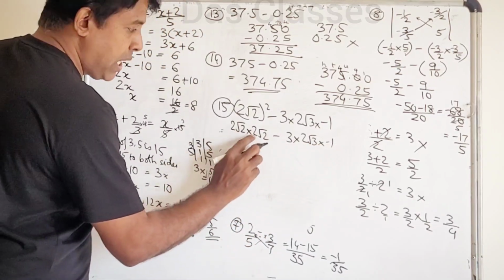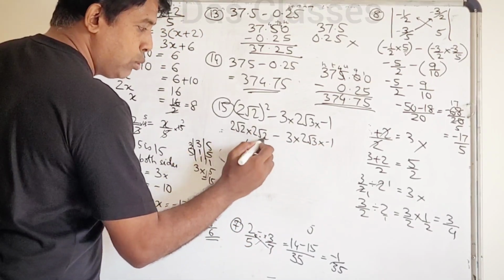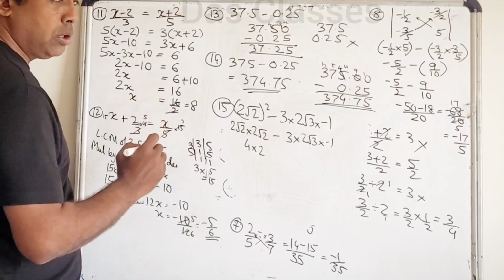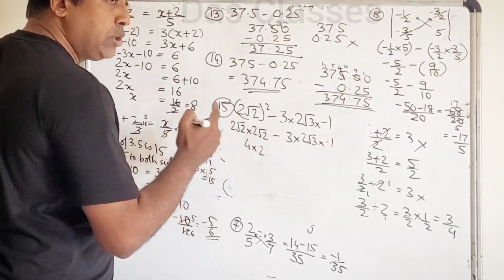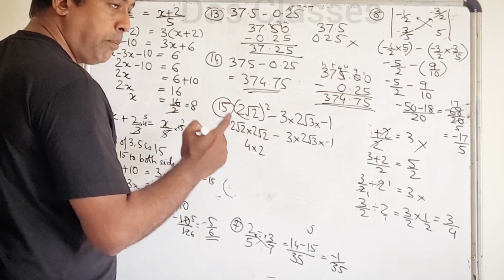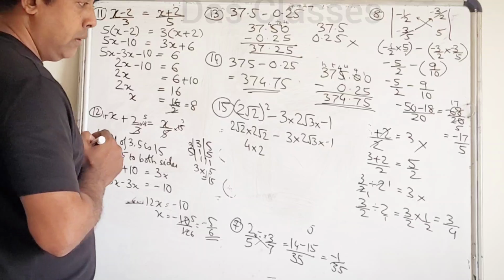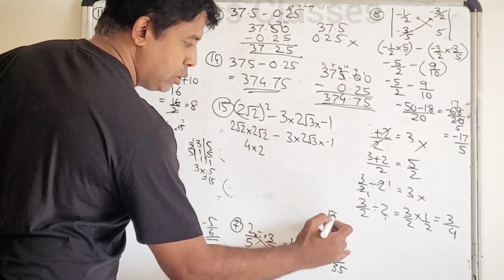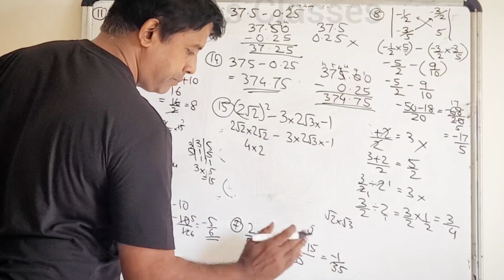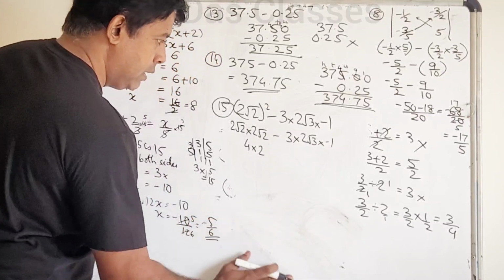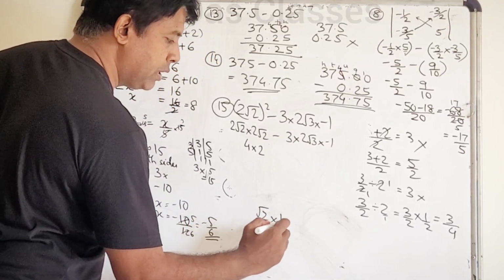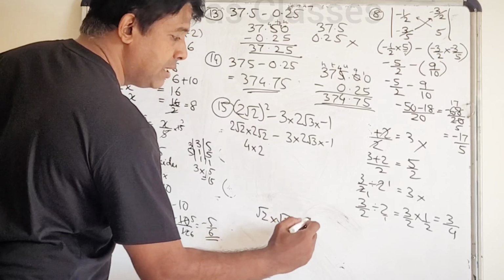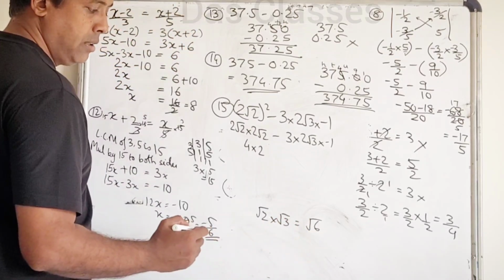So see, 2 2s is 4, and root 2 into root 2 is 2, because root 2 into root 2 is root 4, and root 4 is a perfect root, that is 2. Just imagine here you had root 3, that is root 2 into root 3. In that case, it will be root 6.